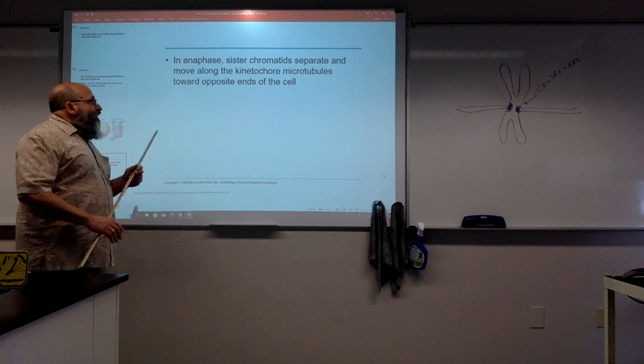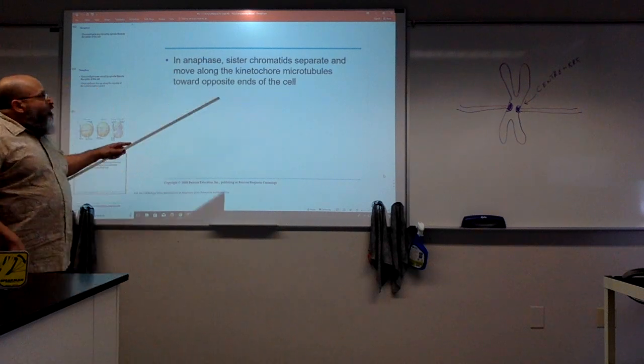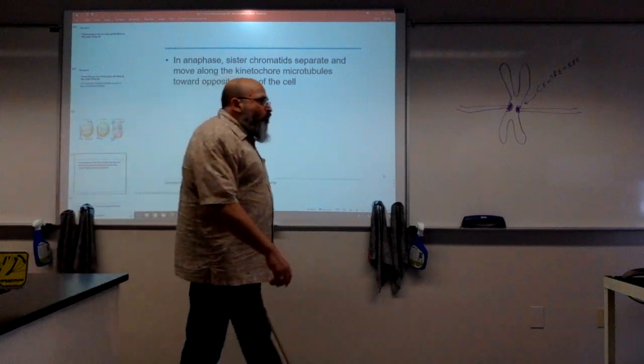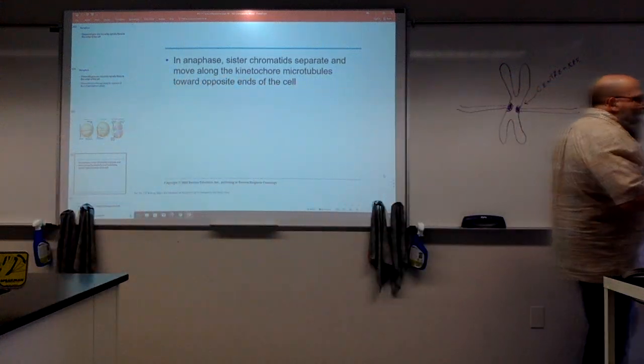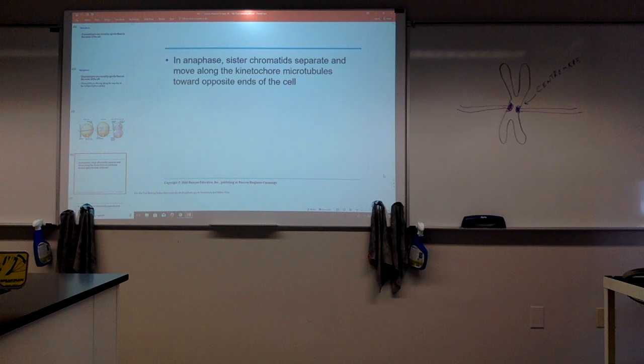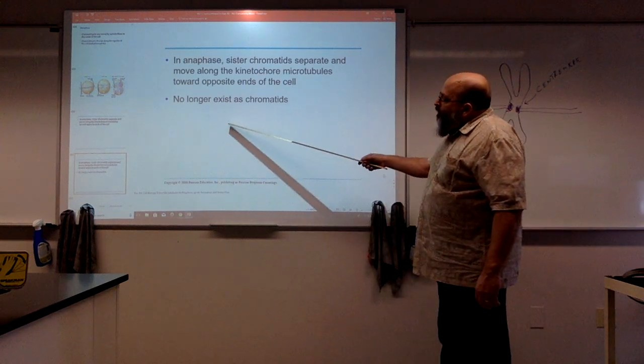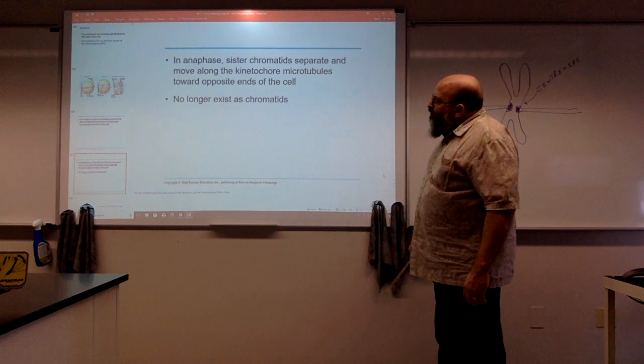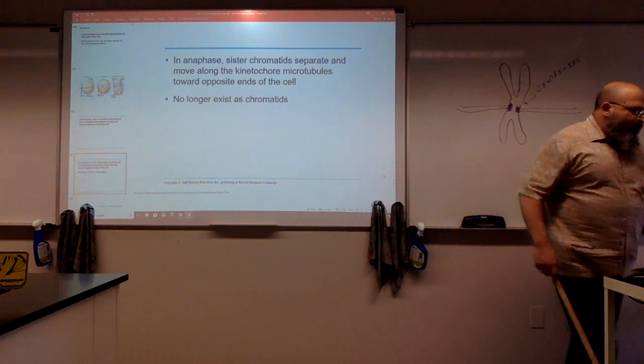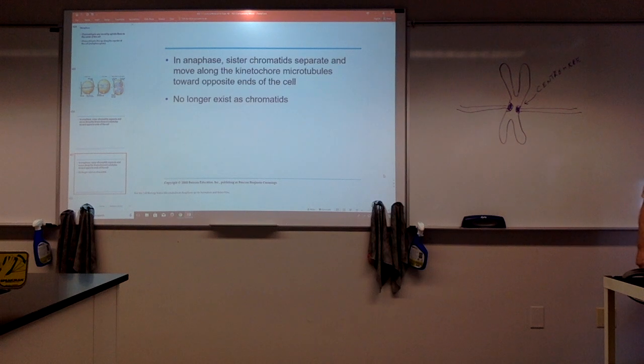So in anaphase, the sister chromatids separate and move along the kinetochore microtubules toward opposite ends of the cell. So the chromosomes no longer exist as chromatids. They are separated.